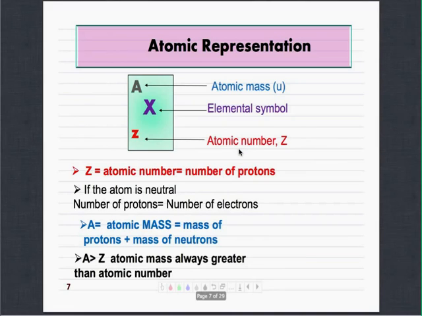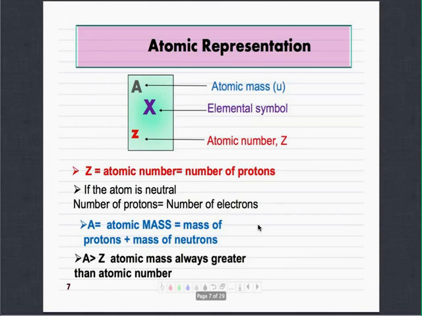Now A is the atomic mass, usually represented in mass units as the average atomic mass, and A equals the mass of the protons plus the mass of the neutrons. We said that the mass of the electrons is negligible and we don't consider it.